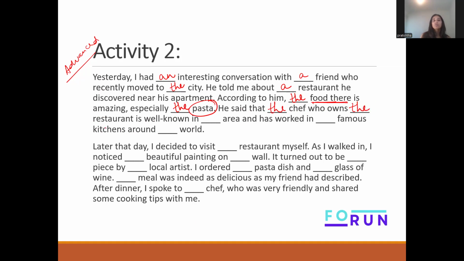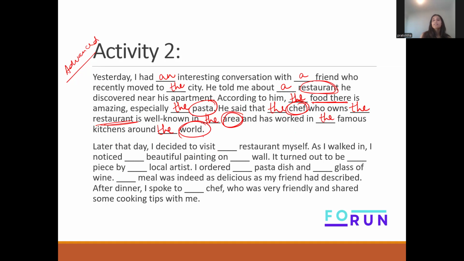Now here you know which restaurant they are talking about. Here you did not know which restaurant they are talking about, right? The chef, of course, the chef of the restaurant. So it would be the particular chef who owns that particular restaurant, is well known in the area. That particular area, what was that area? Near his apartment, and has worked in the famous kitchens around the world. There is only one world, so we are referring to that one particular world.